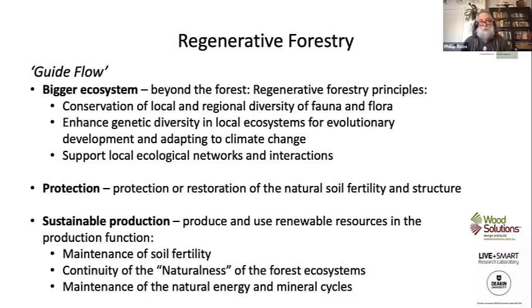It supports microorganisms, it supports insects, it supports a whole ecosystem that helps for regeneration of that place. That place is that forest. That forest sits in a region. That region sits in a continent. That continent sits in a global biosphere, and it's that global biosphere that is currently in trouble because of human-induced climate change. So this is why the regenerative thinking is so important.